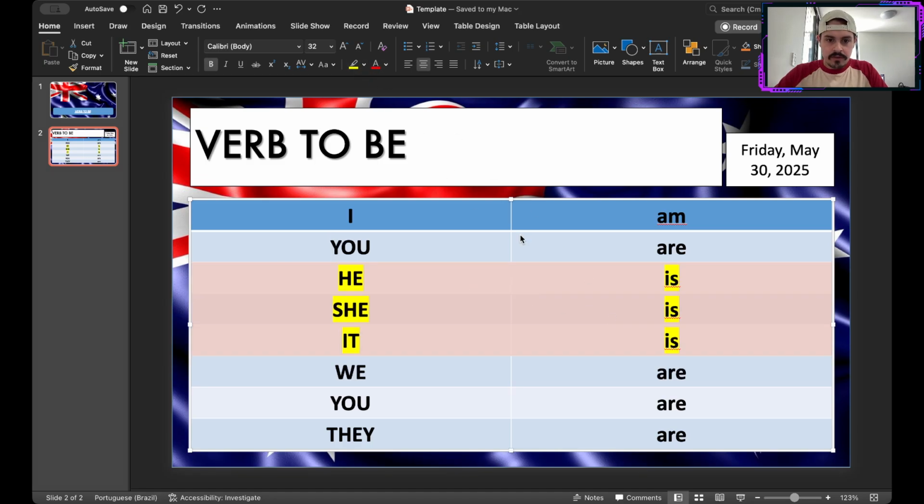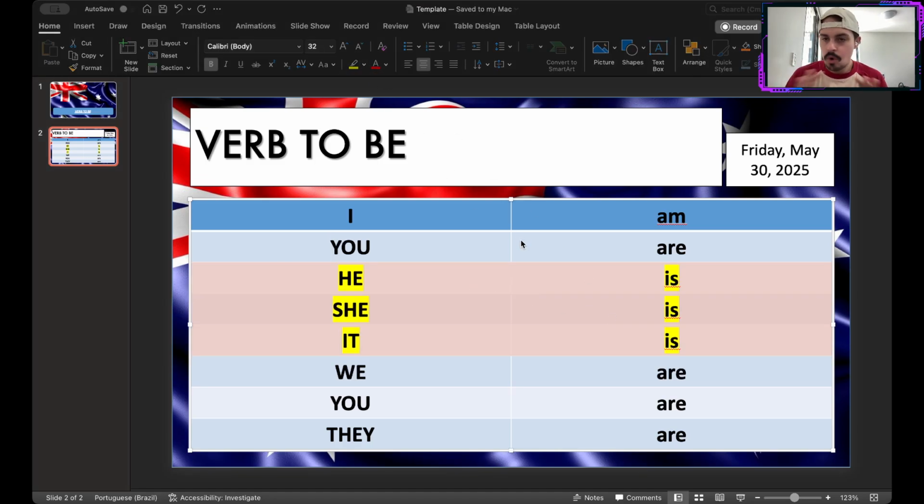In all the tenses, you have to follow the same pattern for he, she, and it. If I have is here, is for everyone: he is, she is, it is.